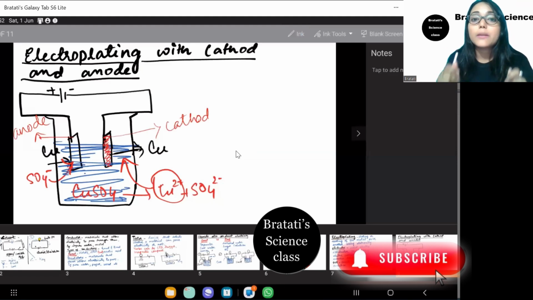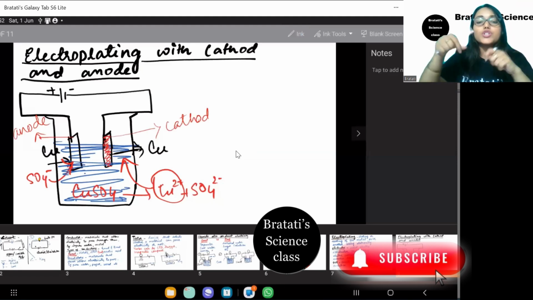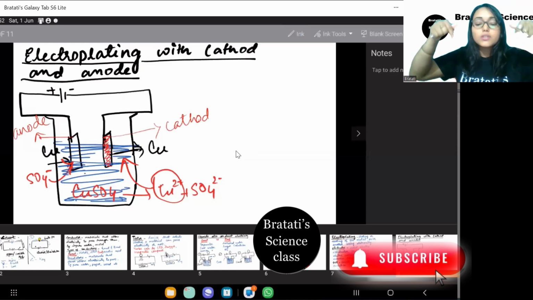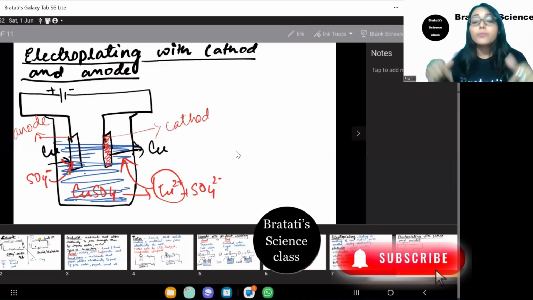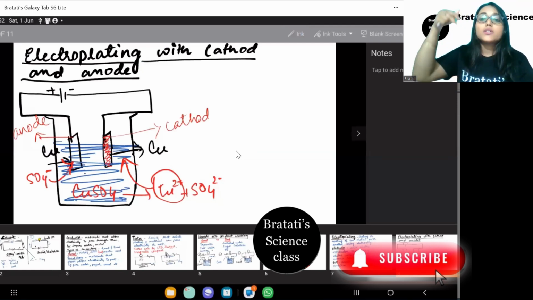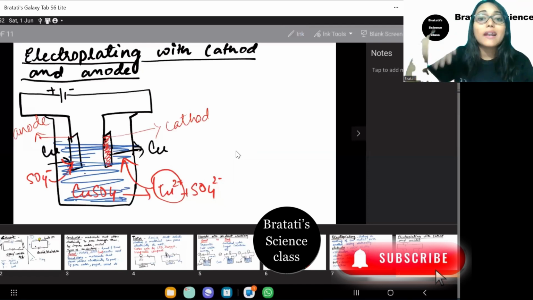Both the electrodes are made of copper. We can brush and wash them thoroughly, and then use these two copper electrodes, suspending them in the copper sulfate solution, blue vitriol, which is greenish blue in color.